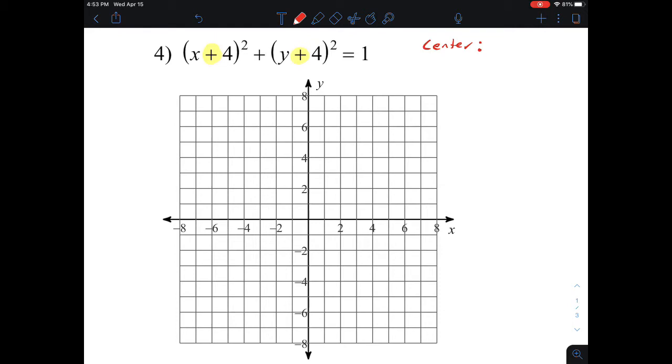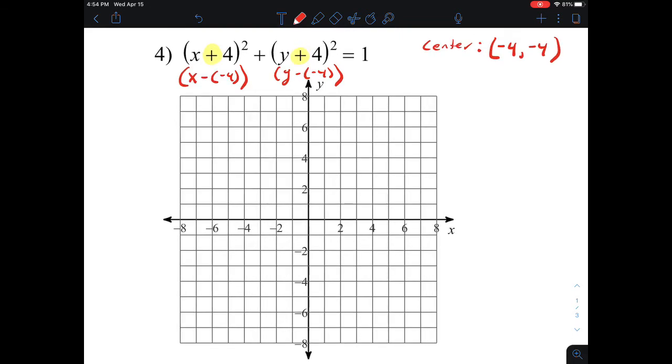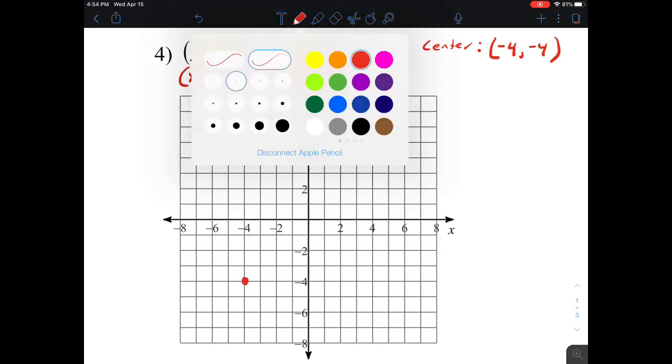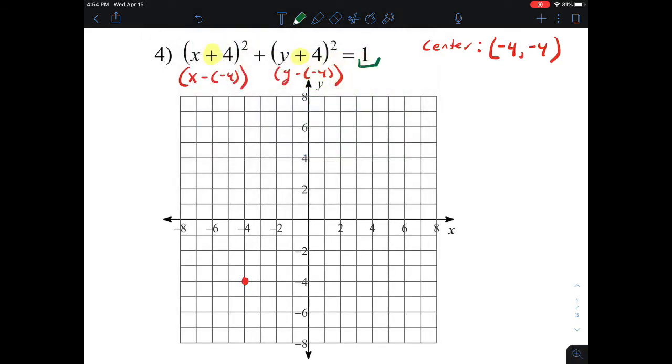I was technically subtracting a negative 4 from both the x and the y, because x minus negative 4 is going to make that plus 4, and the same thing with the y. So my center in this case will be in quadrant 3, at (-4, -4). And we have a small radius this time: this number 1 here is the same thing as 1 squared, so my radius is 1 unit.